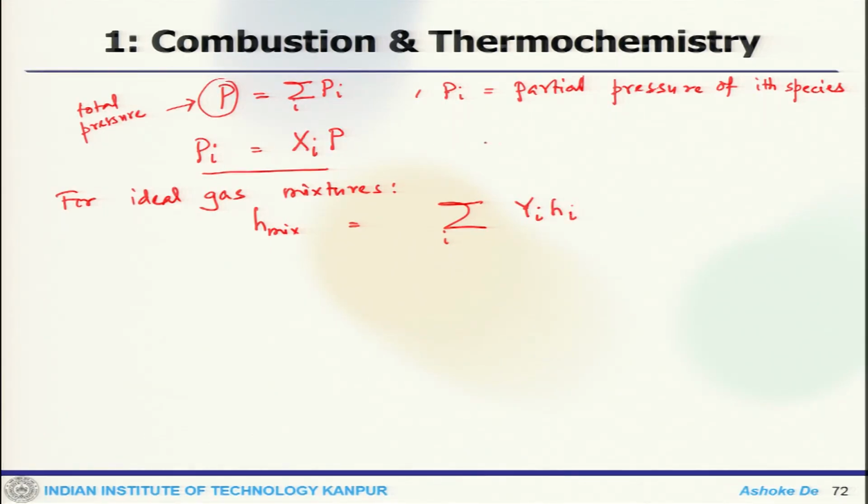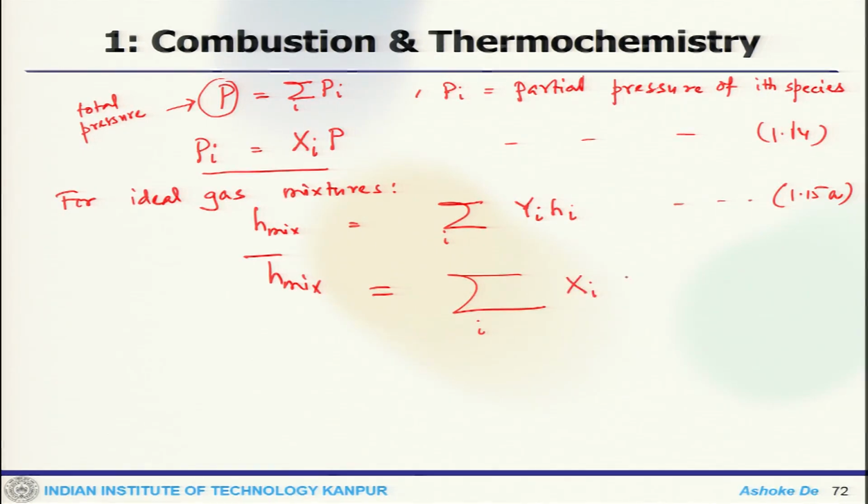So, let us continue with a similar notation for the equation system. This would be 1.15 A, and the mean for the mixture is the summation over all the species of Xi and Hi bar. So, this is 1.15 B. That is how you get these individual quantities.